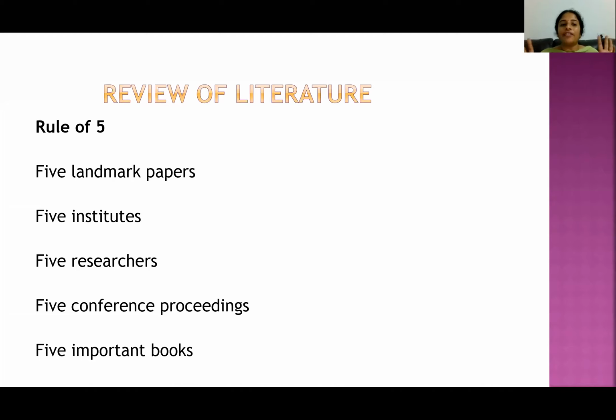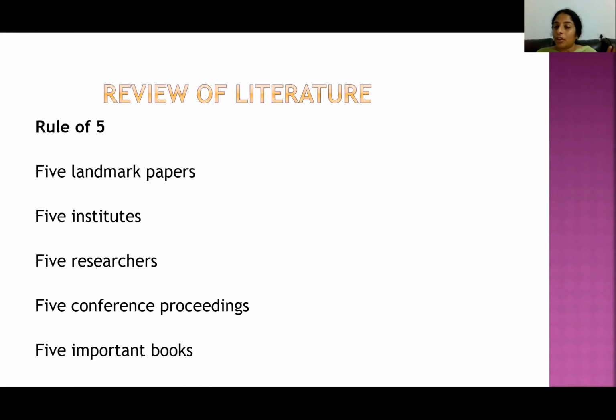Okay, 5 institutes. Suppose I am trying to do a study in TB. I should try and find out which institutes in India are focusing on TB research. It could be the National Tuberculosis Institute, All India Institute of Medical Sciences, or PGI Chandigarh.